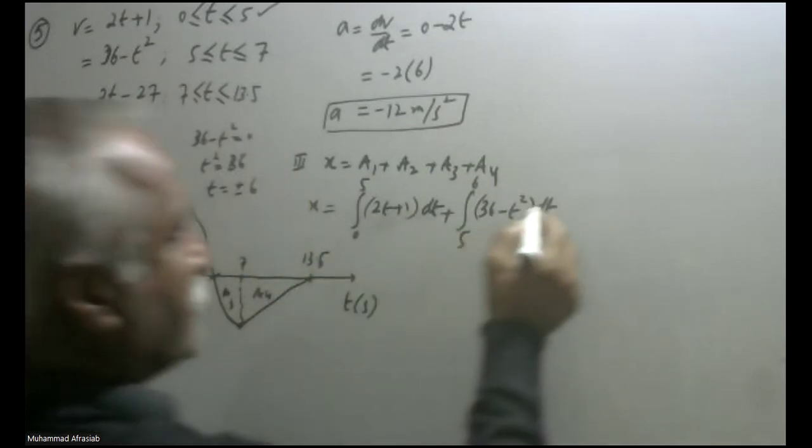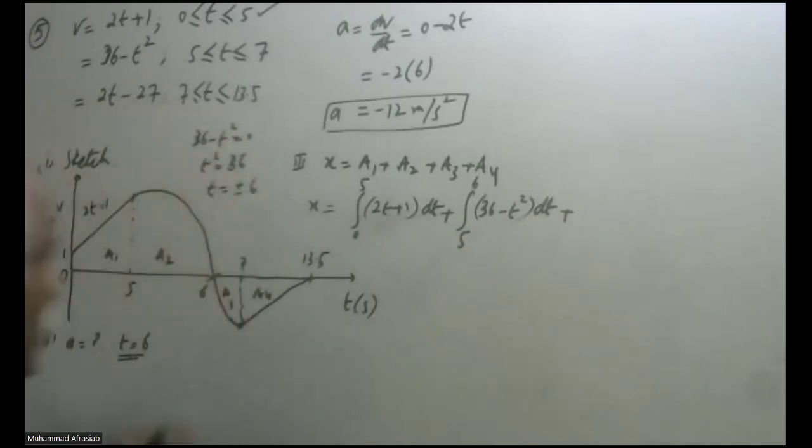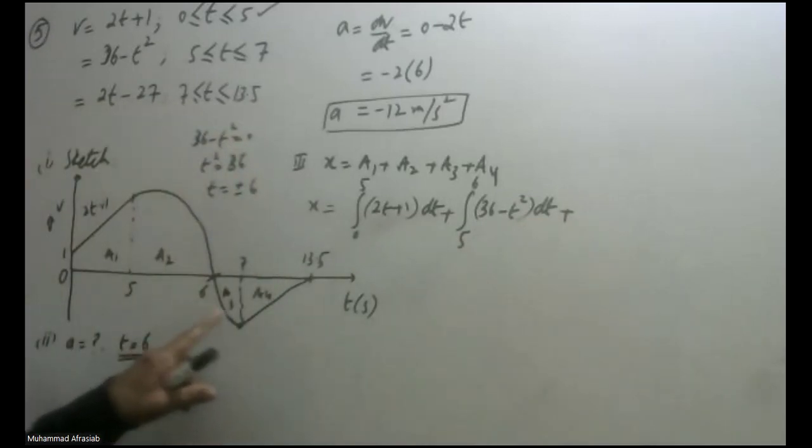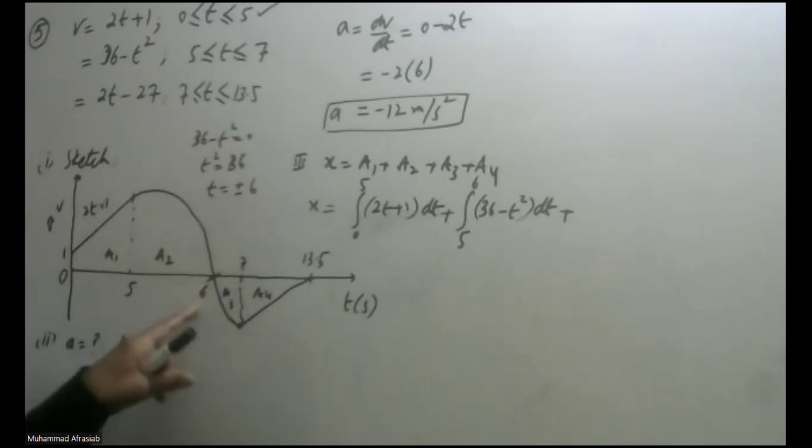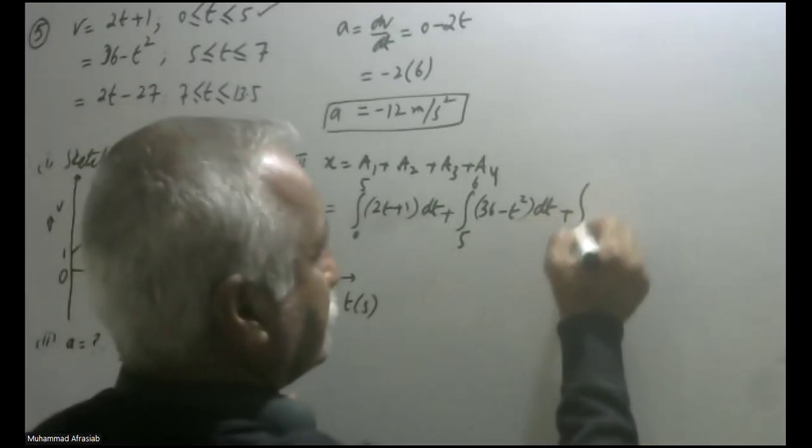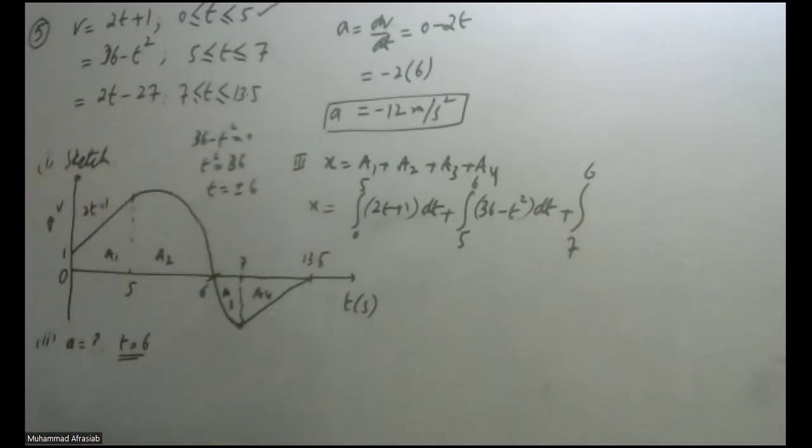Then from 6 to 7, because this graph is below the x-axis, we change the limits from 7 to 6, because we have to give the positive answer for this.